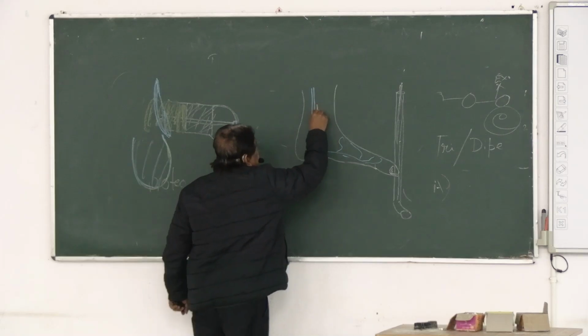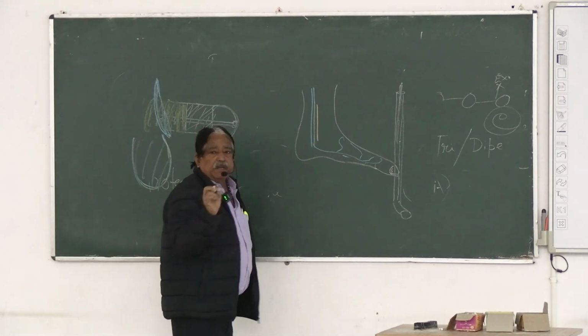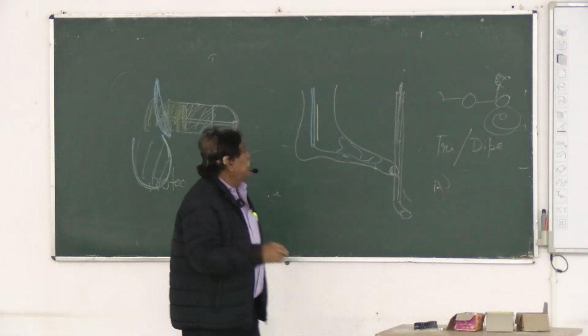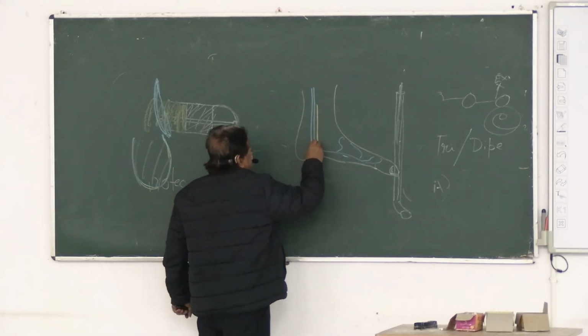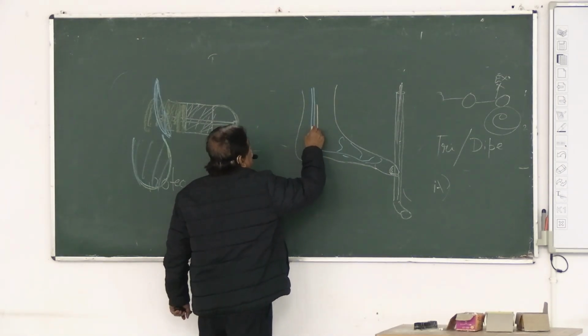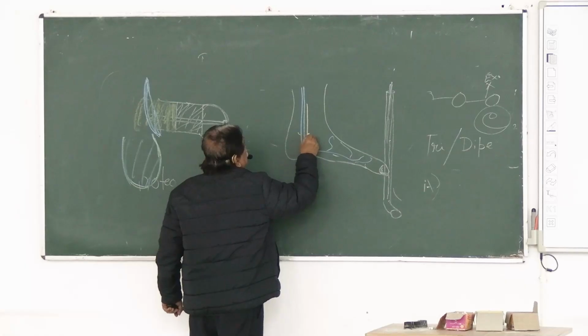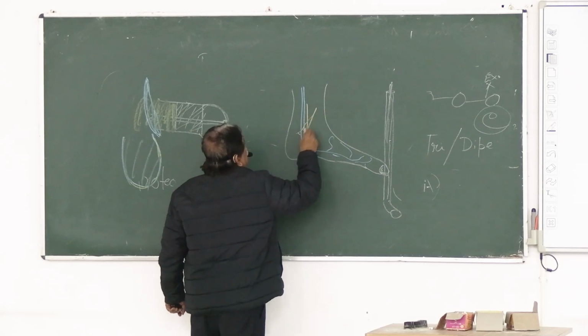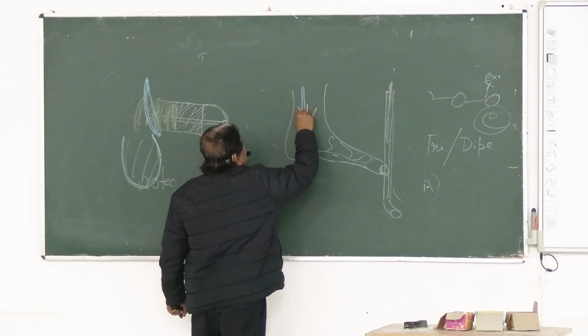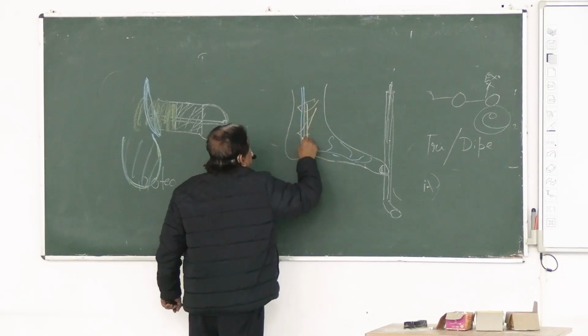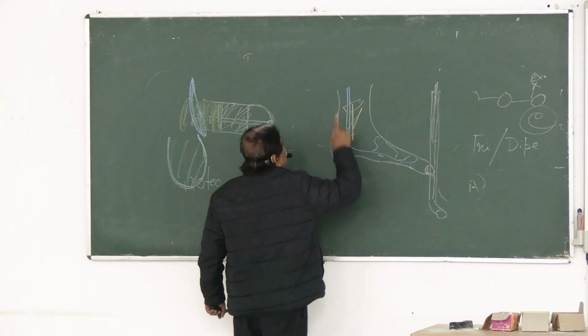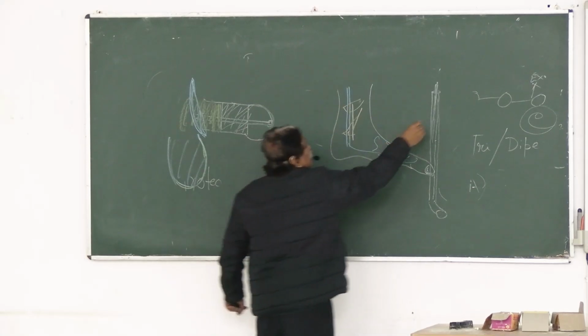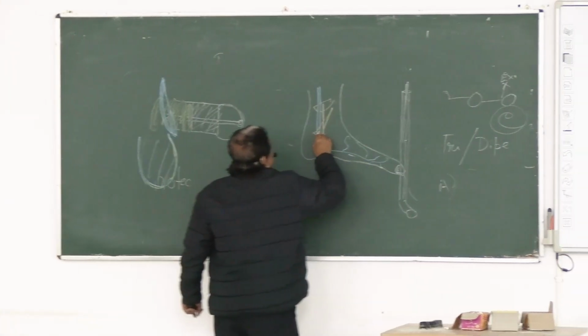Make an incision here with a scalpel under local anesthesia, pull the suture at this end and this end, and through this vein you make a small opening and put that trocar inside.